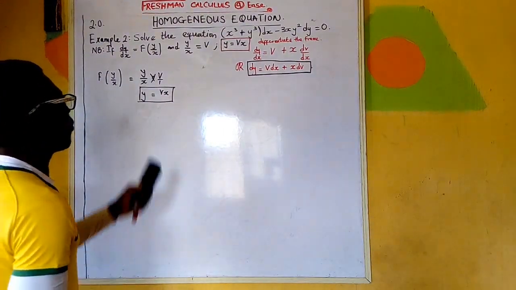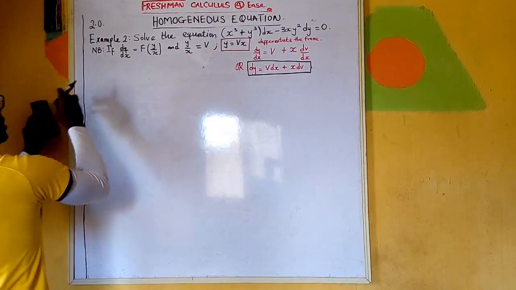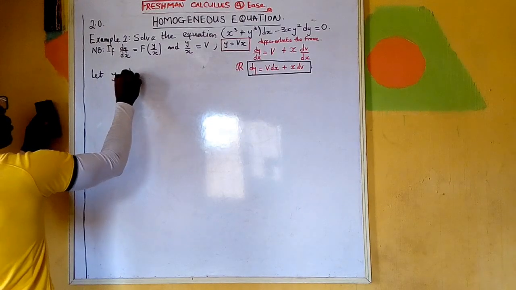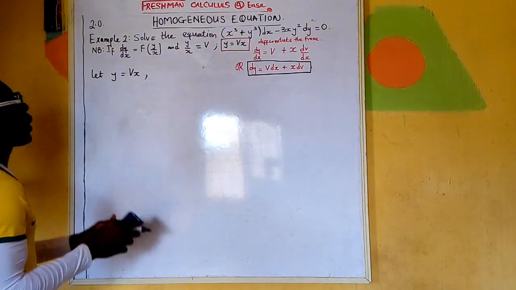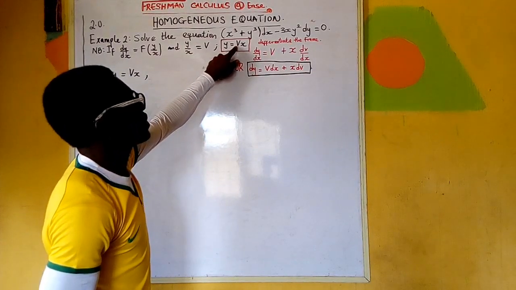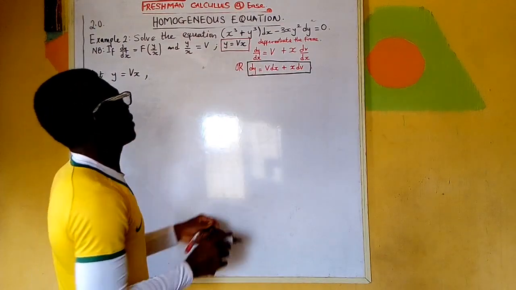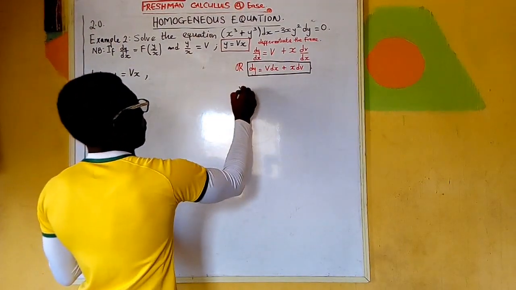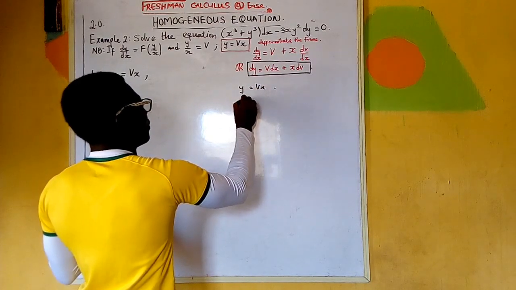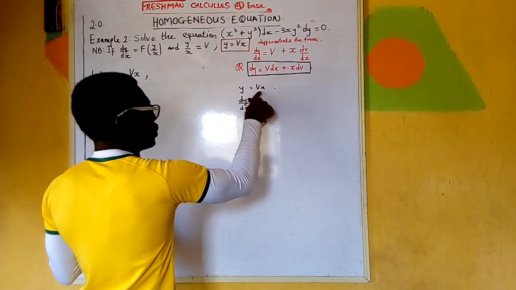Now you move further. I can now move forward to say, let y be equal to vx. Now, look at this frame and let's differentiate it. y is equal to vx. Differentiating this, I have dy over dx, which is equal to, this is a product rule.